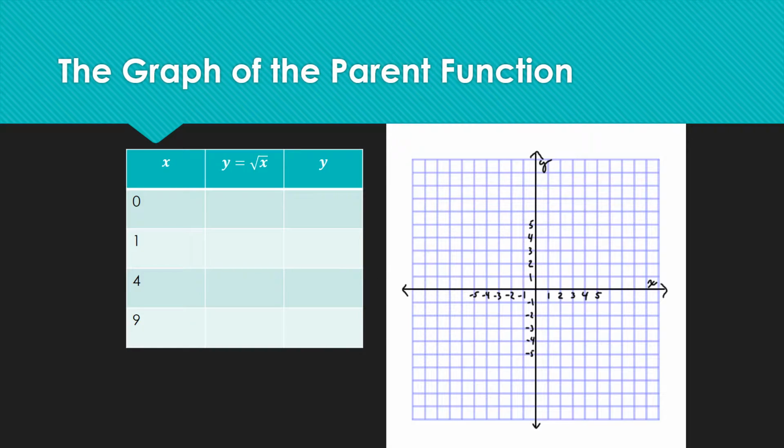Let's take a look at the graph of the parent function of a square root function. Let's fill in the boxes. y equals the square root of 0, y would be equal to 0. I picked values that will give me perfect squares to make my points very easy.